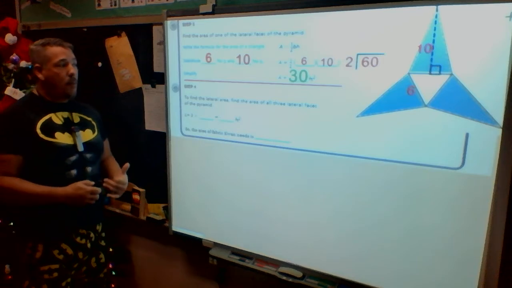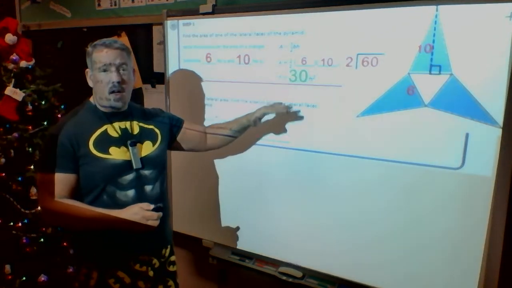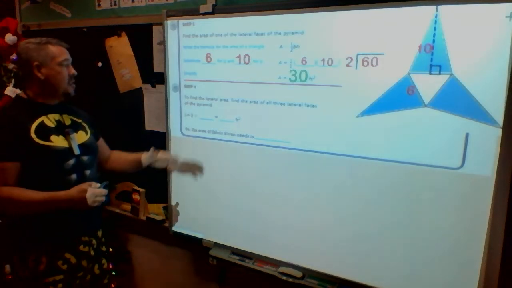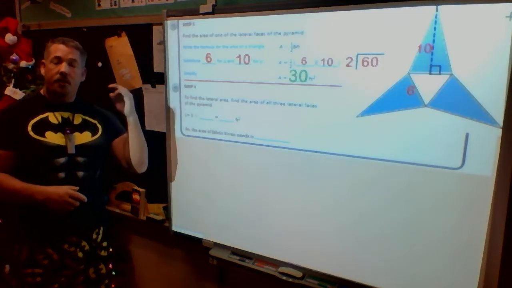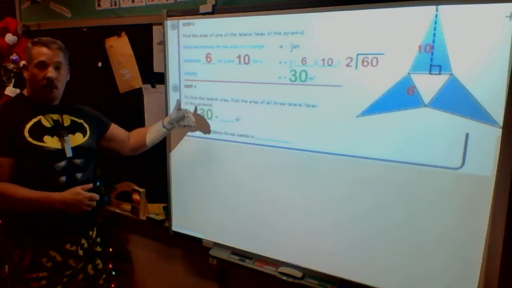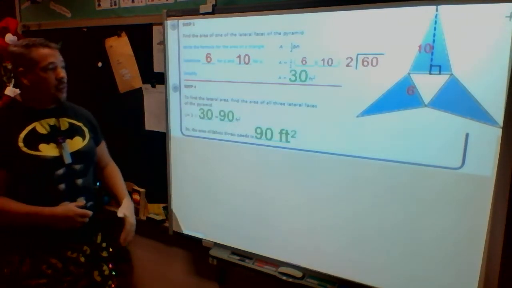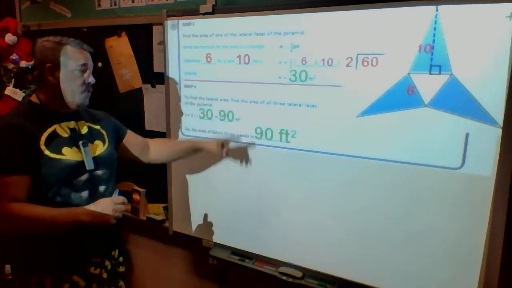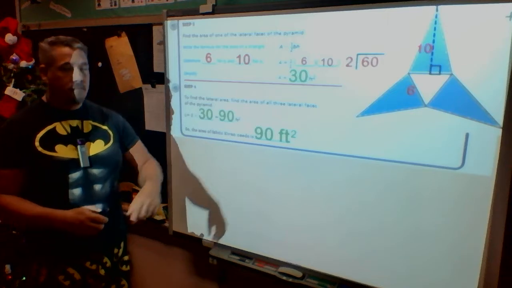So 60 divided by 2 gives me that each triangle is 30 square feet. And then when I look at it and it said the lateral area, I know there are 3 because it's a triangular pyramid. So 3 times 30 is 90. So I know that the area of the tent that I'm creating without the base is 90 square feet.